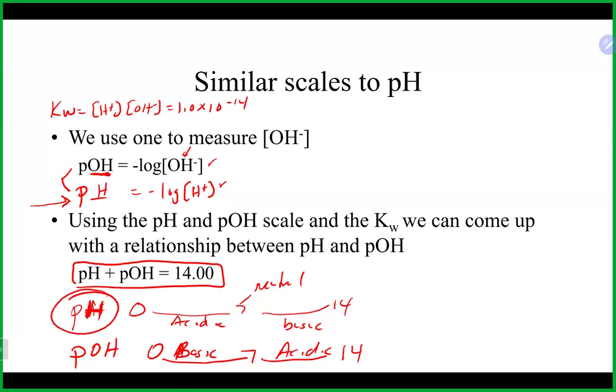Can you have something above 14 or a negative pH? The answer is yeah, you can. I think you might even have one on one of those post-lab questions on the lab that we did the other day. That's what's sometimes referred to as a superacid. If you take the pH equation and plug in negative log of a 12 molar solution, you'll get a negative 1.07 pH.